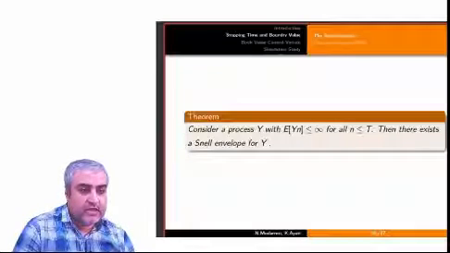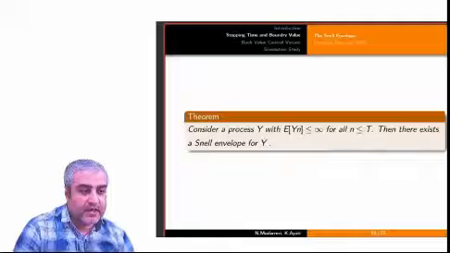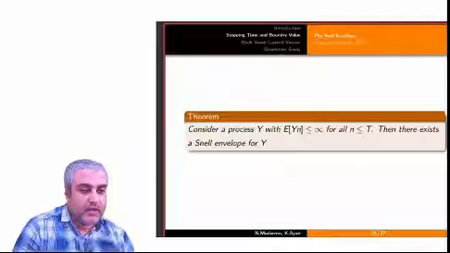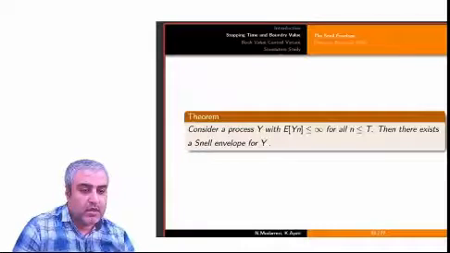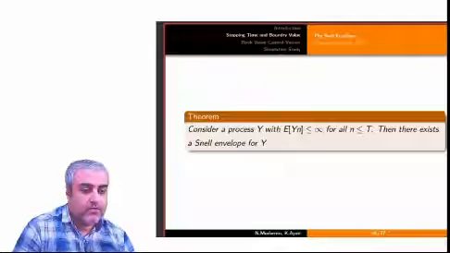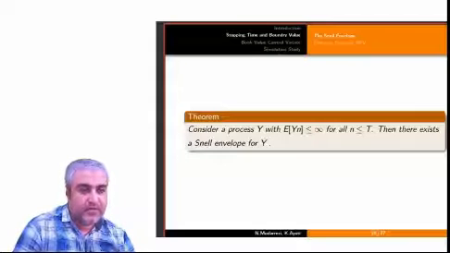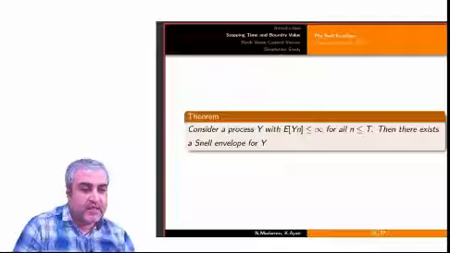Then there exists a Snell envelope for Y, and we need to find this. As a rate R, we compare between R and this dominant to approximate the price.